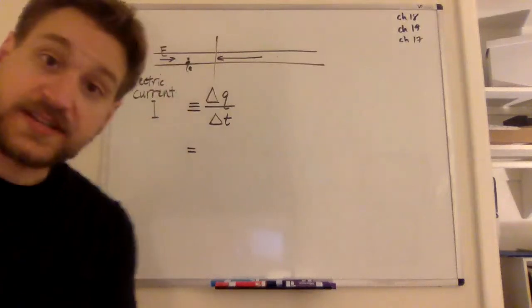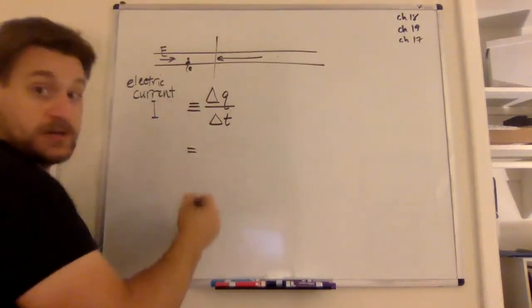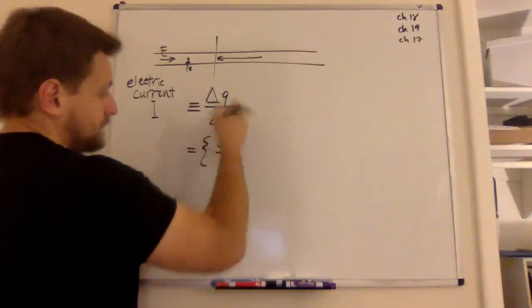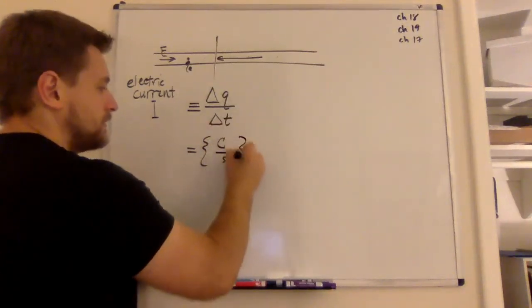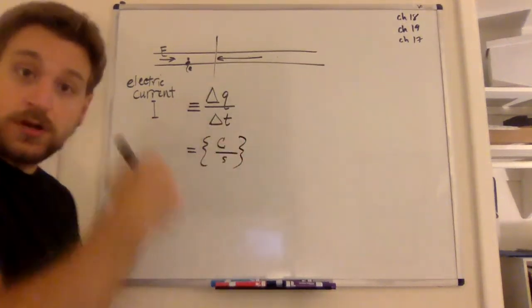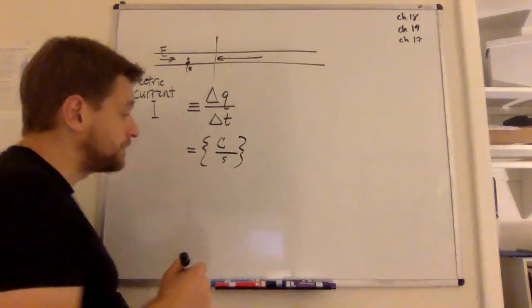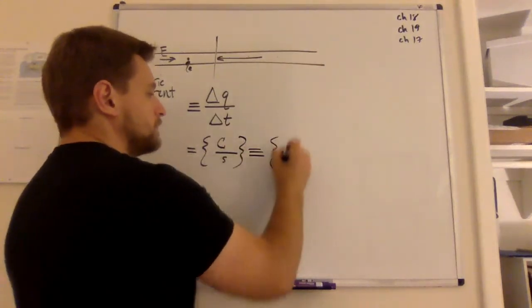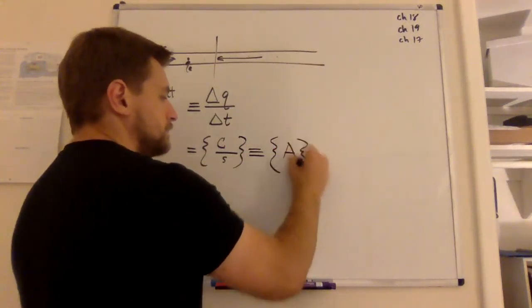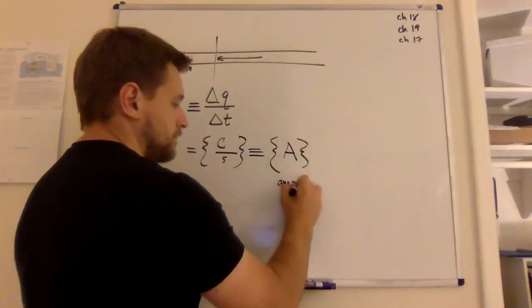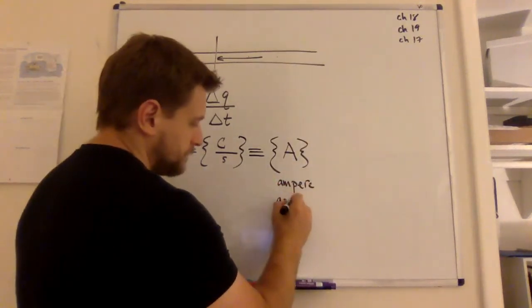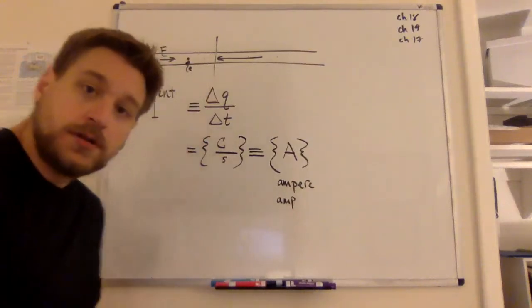What are the units of this thing? Well, charge has the unit of coulomb. Time has the unit of second. So it has the unit of coulombs per second, which we define as amperes, or amps for short.